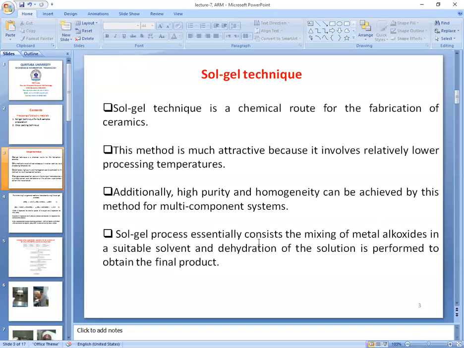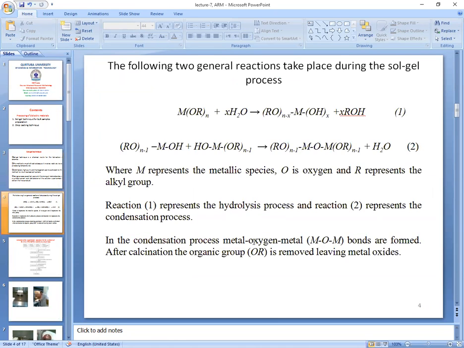But in this method we have to form solutions of the ingredient chemicals. So the basic method involves two processes. The first one is called the hydrolysis, and the second one is known as the condensation.